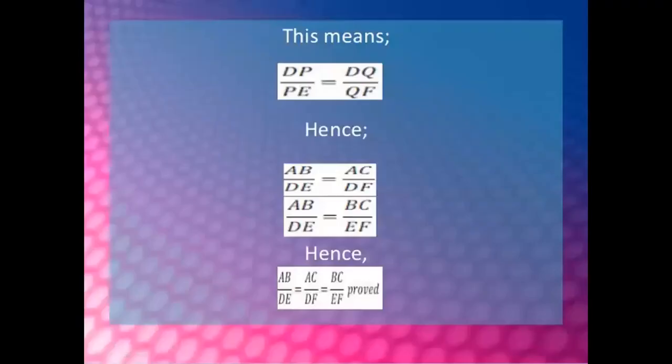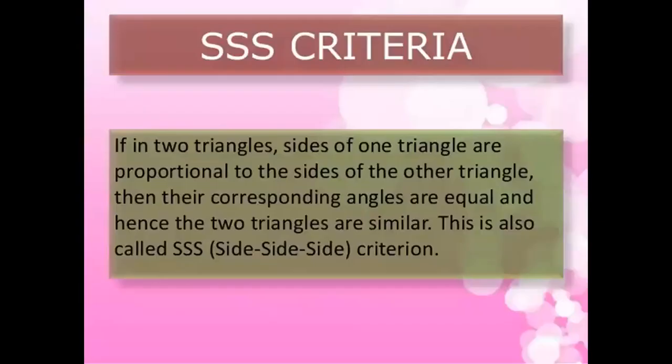So this is just what we have been explaining, putting ratio on the sides so that we can really check if they are equal. SSS criteria or side to side criteria.